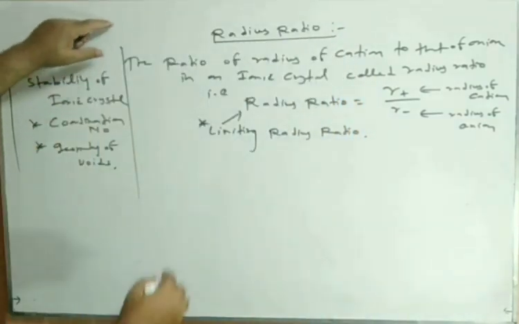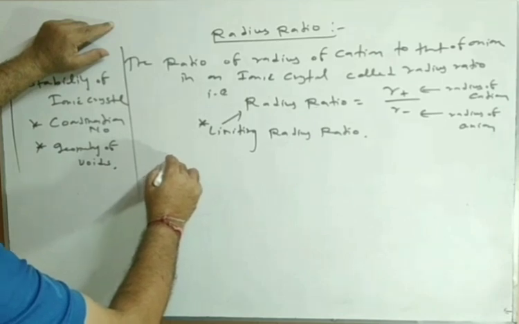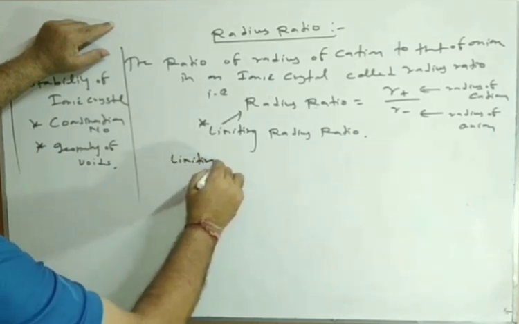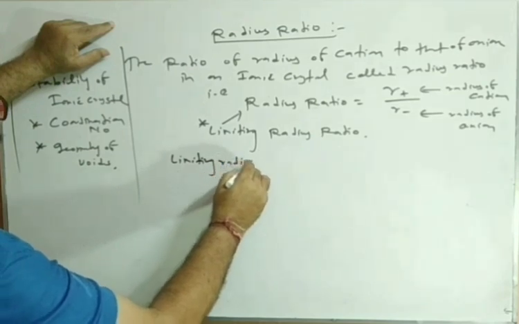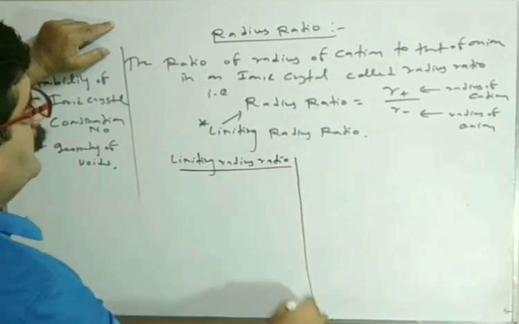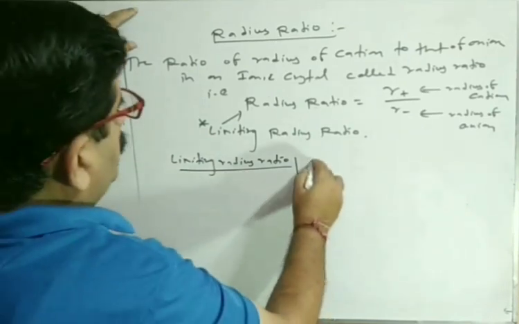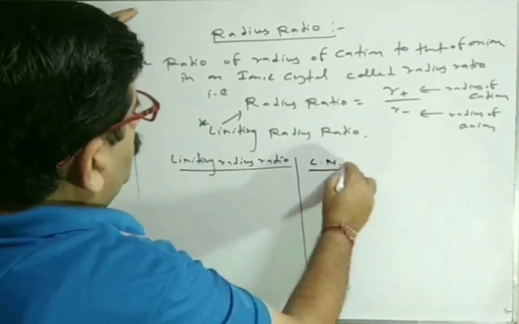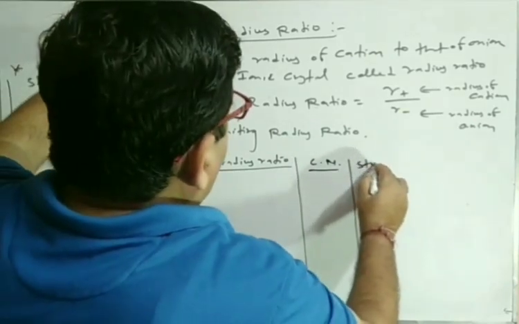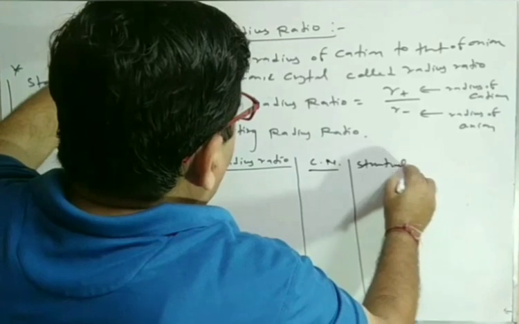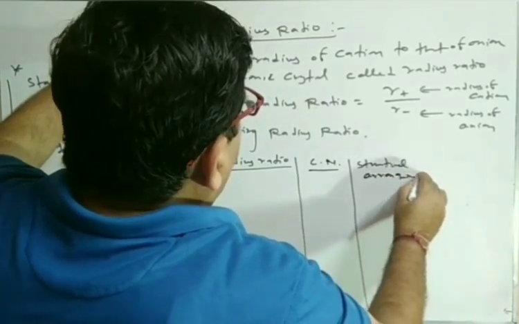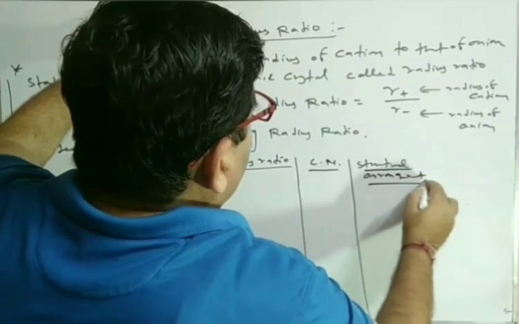Consider the following table. Here we can write limiting radius ratio. Second one, coordination number. Third one, structural arrangement.